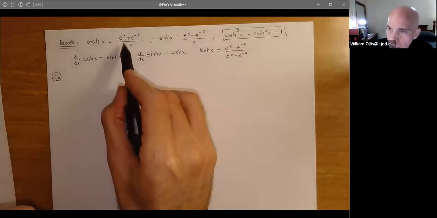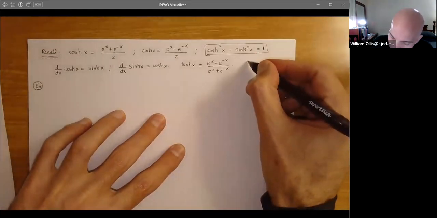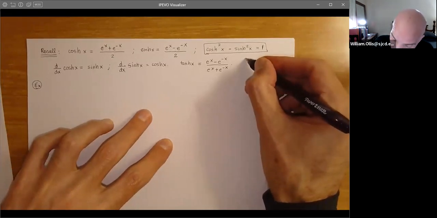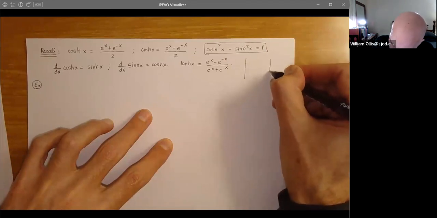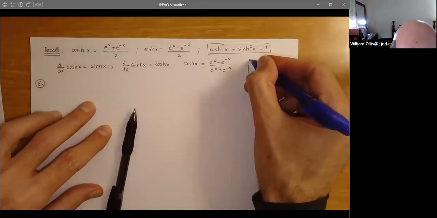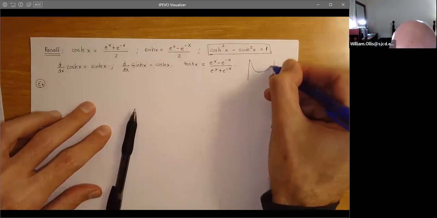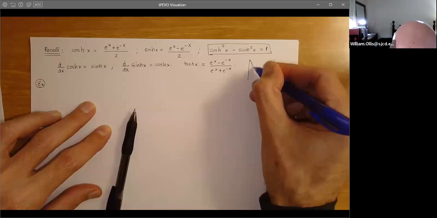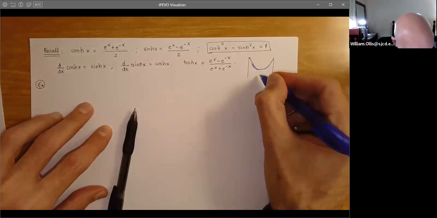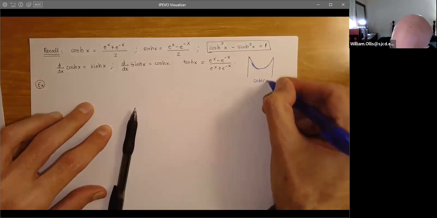The shape of this function is called the catenary, in the sense that if you suspend a power line between two poles, you've got these poles here, and you suspend a power line between them, the shape is a catenary. That shape right there is what we call a catenary. I'll spell it for you. Catenary.